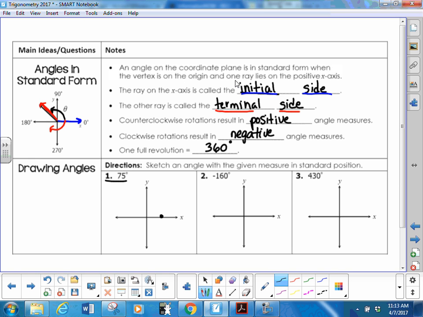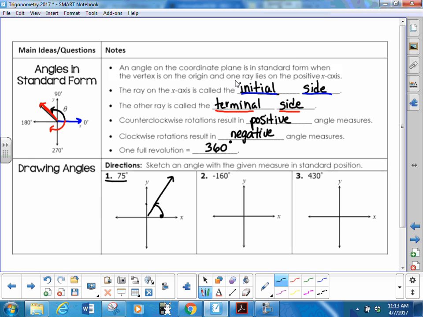So in my head, I know if I go all the way to here, how many degrees would that be? 90. So I don't want to go quite there, right? So I'm going to kind of eyeball it. I'll start right here. I'm going to stop right there. Okay? That's in standard position, 75 degrees.